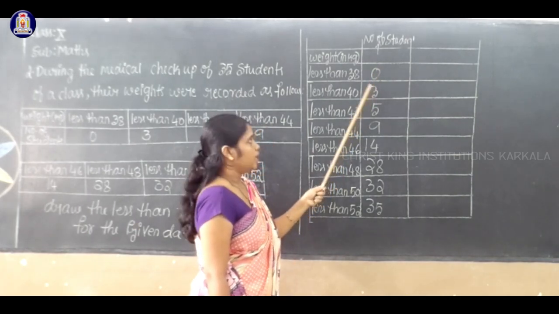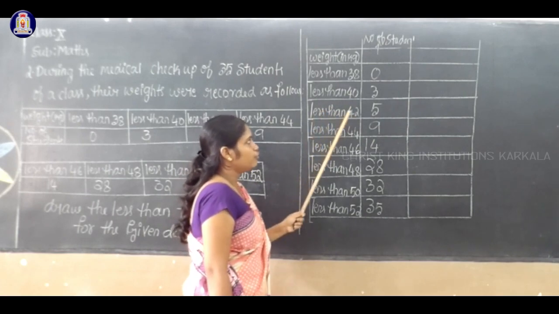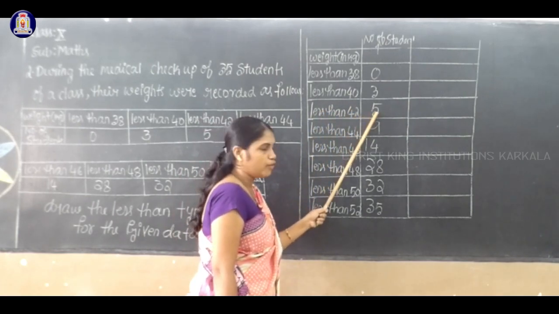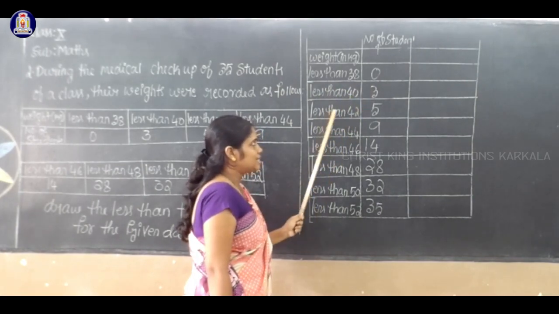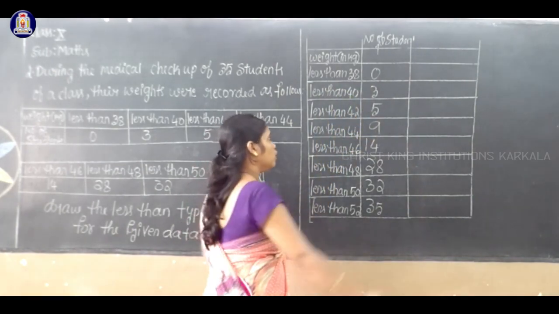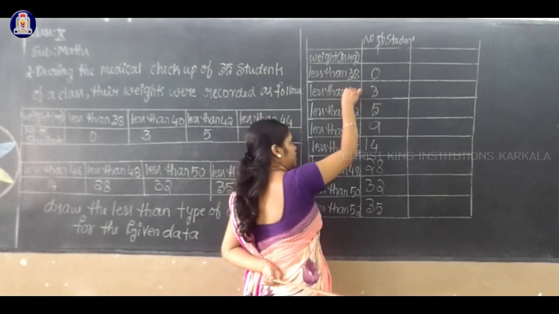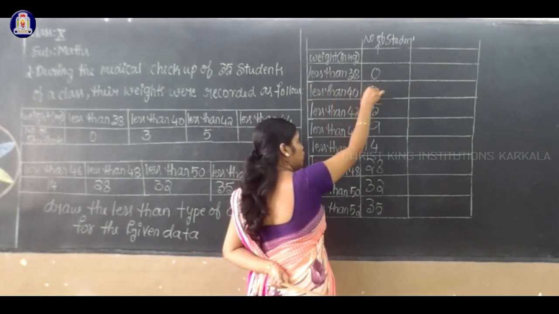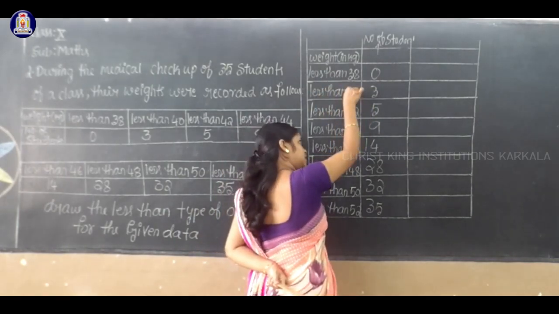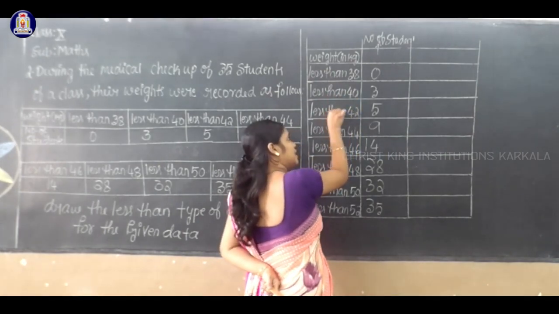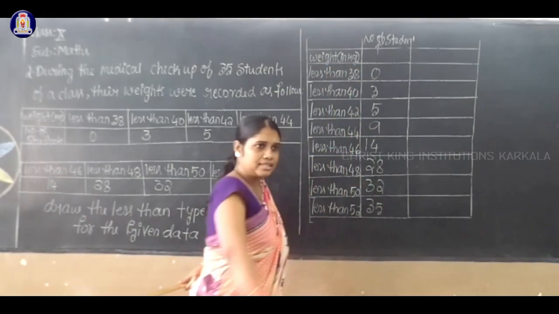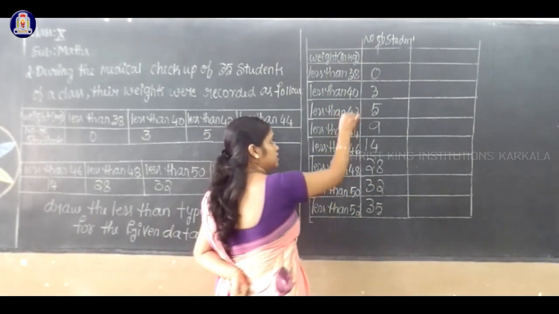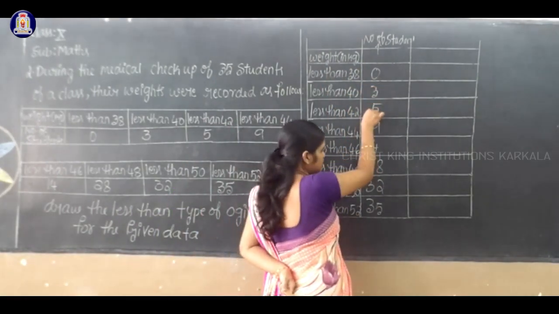Next, less than 42 equal to 5, less than 40 equal to 3. The students under less than 40 will also come under less than 42, because less than 40 obviously means less than 42. That means this 3 will come under this 5.